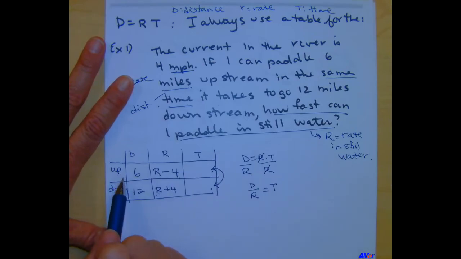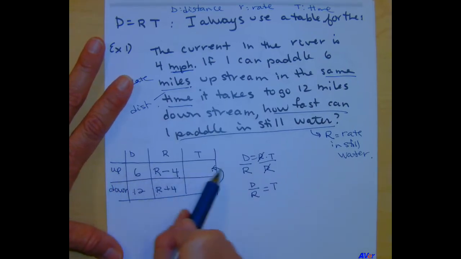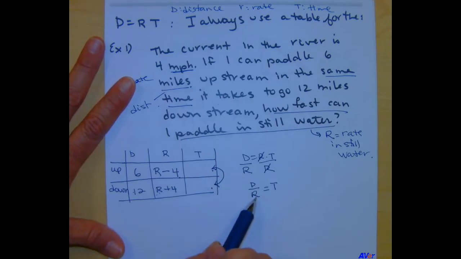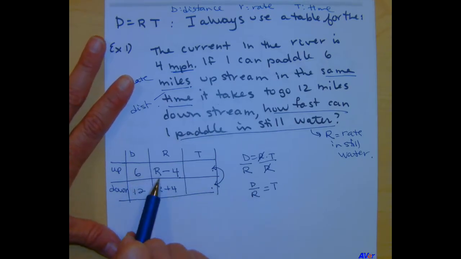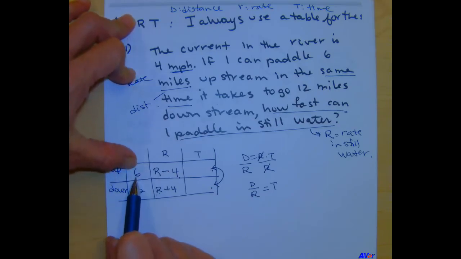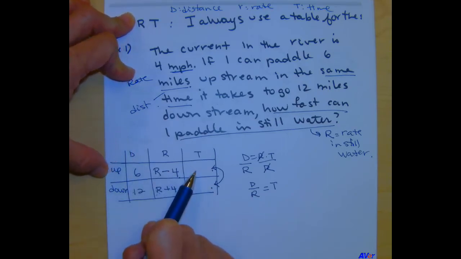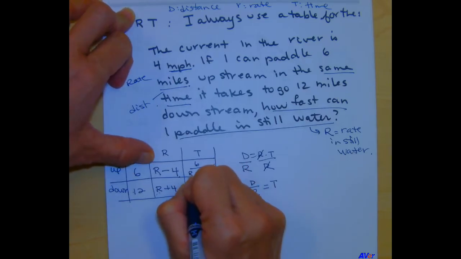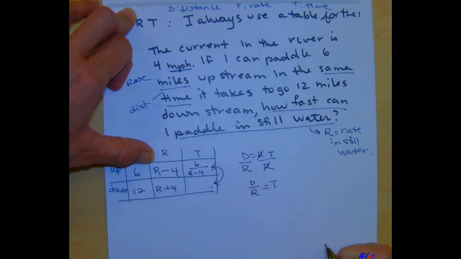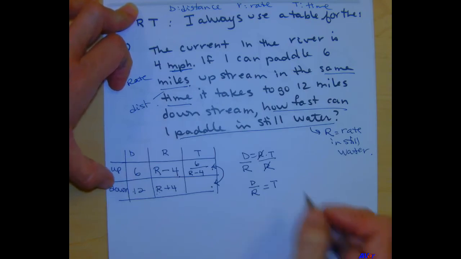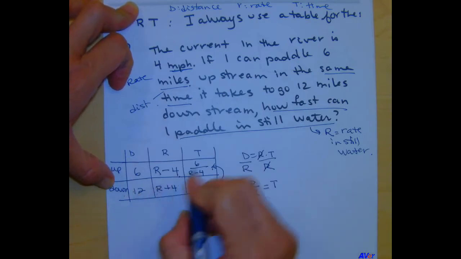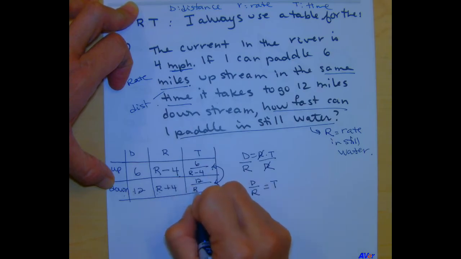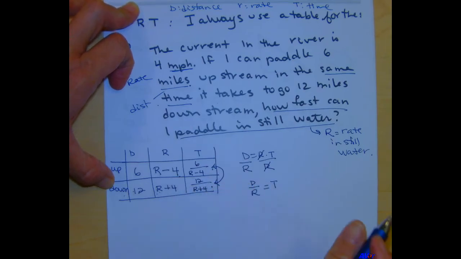So what I want to do then is in each row, we're going to write an expression for the time by using the distance and the rate. So I'll have in my top one for upstream, it'll be the distance of 6 over a rate of r minus 4. And for downstream, I have a distance of 12 over a rate of r plus 4.